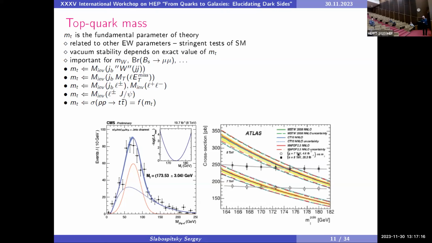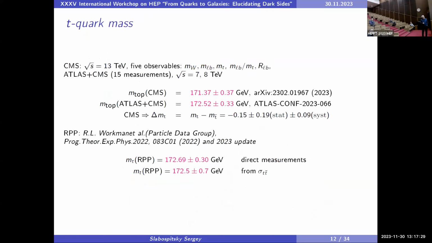We can also use the invariant mass of the lepton, and maybe the latest way is to measure the production cross section, which should be strongly dependent on the mass of the top. They combined all these measurements. In fact, there are 15 measurements. The final results are presented here.